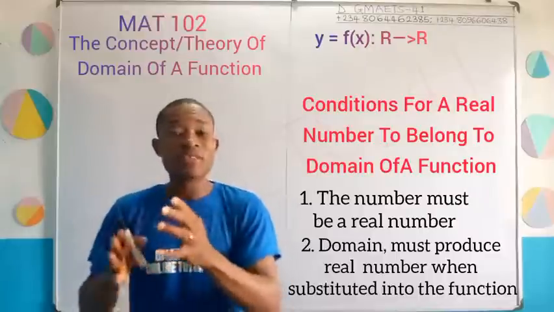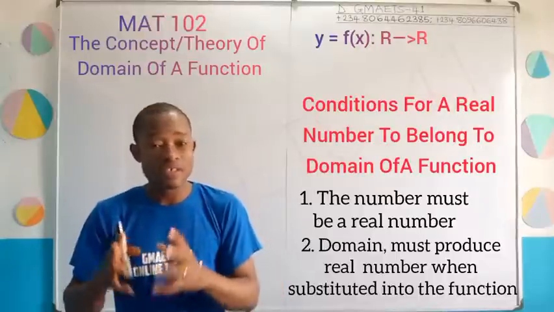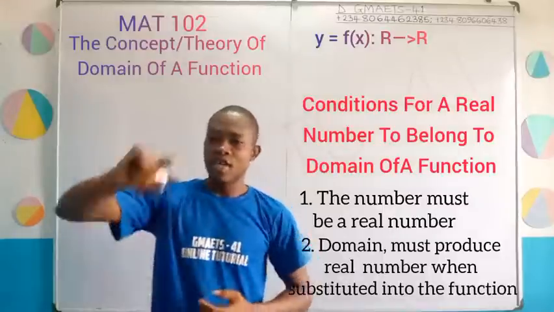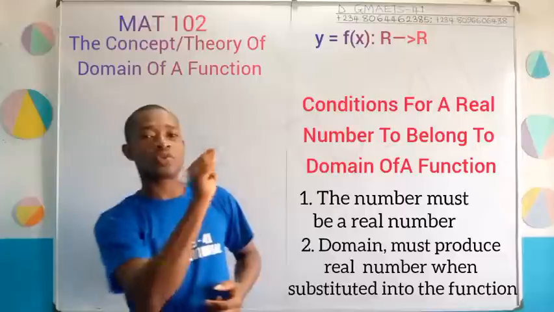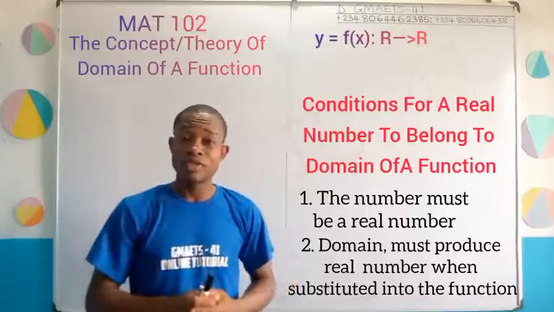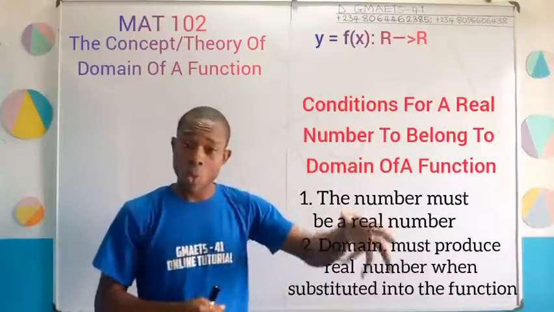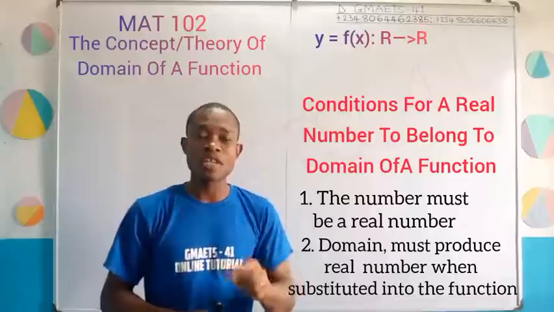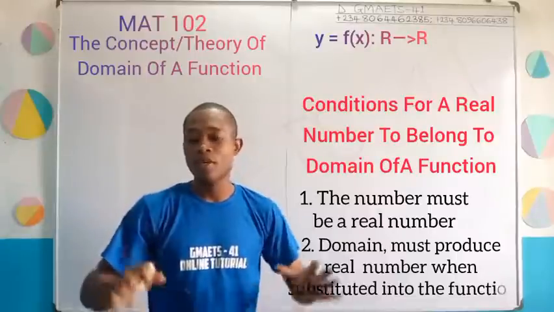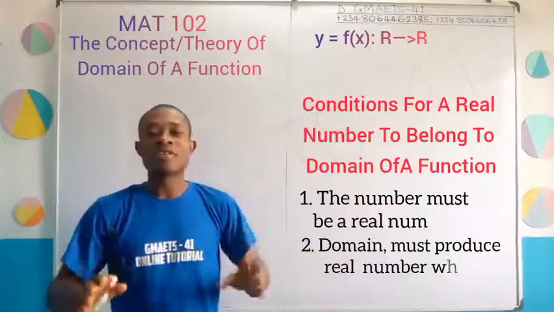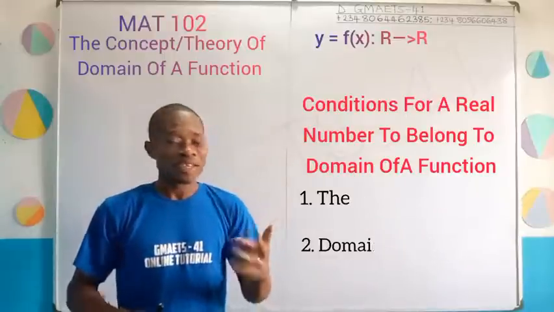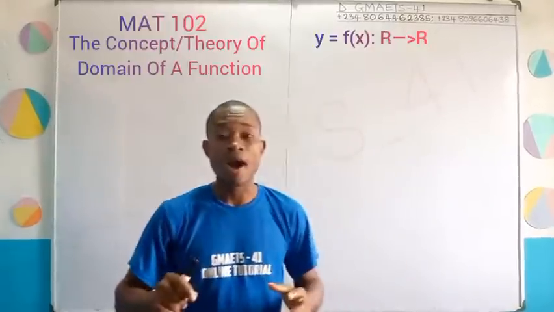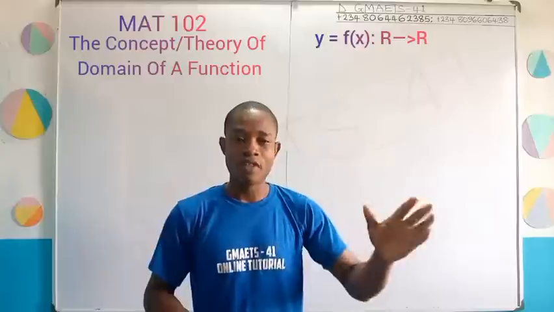If actually this real number is part of the domain, it must satisfy condition number two, which is, if you pick that real number and you substitute it into the function, 2x all over x plus 1, the answer you get is expected to also be what? A real number. Now, once any number satisfies these two conditions, you can now smile and say, yes, this number is actually part of the domain of this given function.